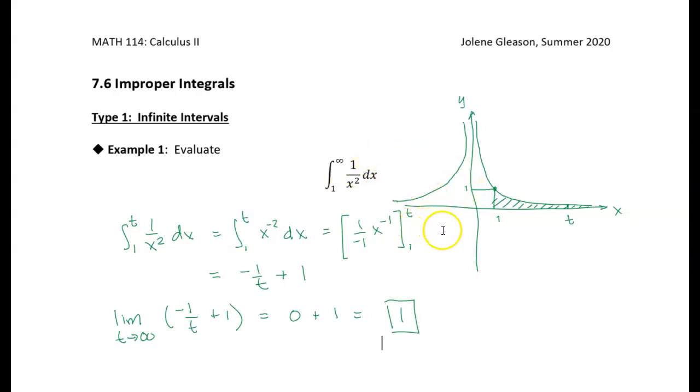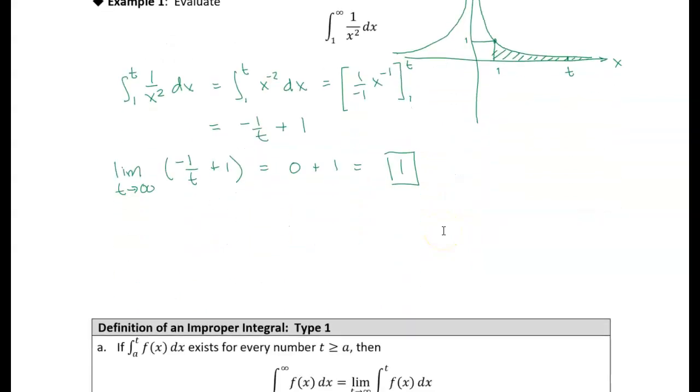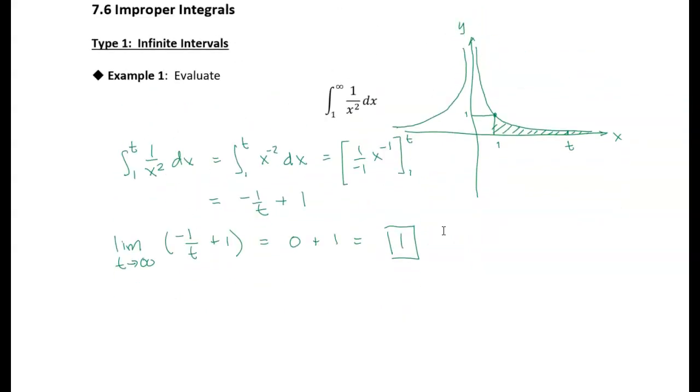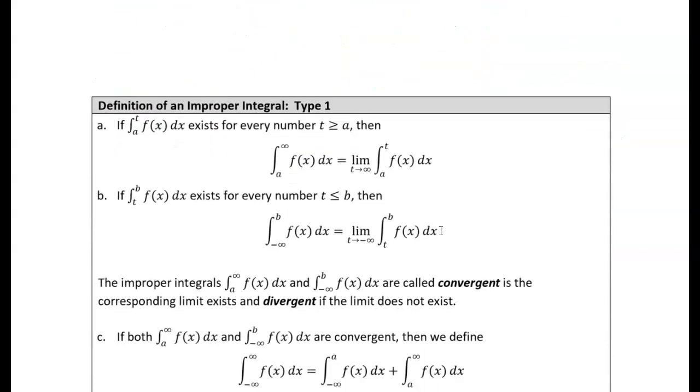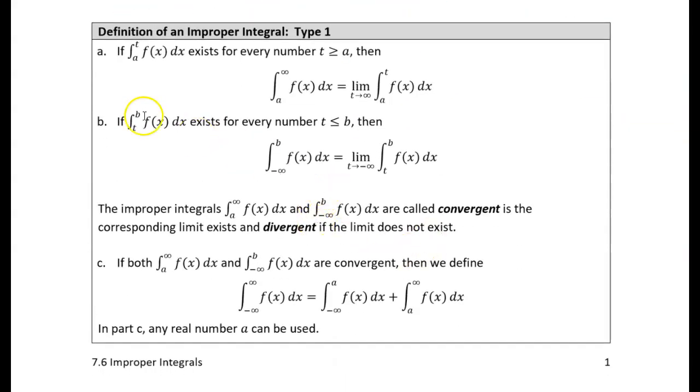So this type 1 is the type where you have an infinite interval, right? So your upper bound, or it could be your lower bound, is infinite. And if you look at this definition down here, we have basically three different types. Either we're integrating from some value up to infinity, like we just did, and in that case, you evaluate it out to t, and then take the limit as t approaches infinity.